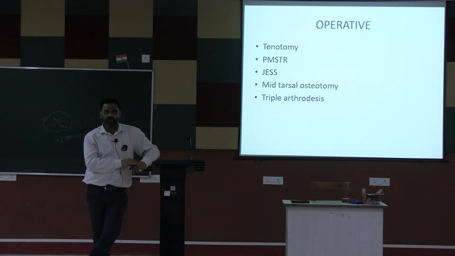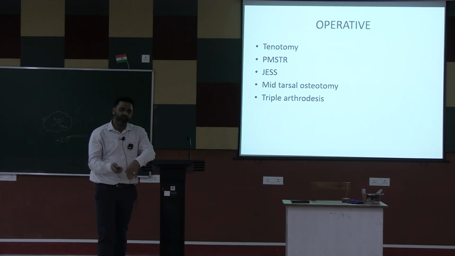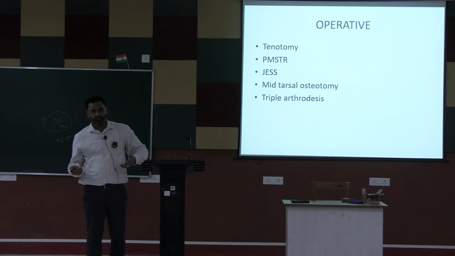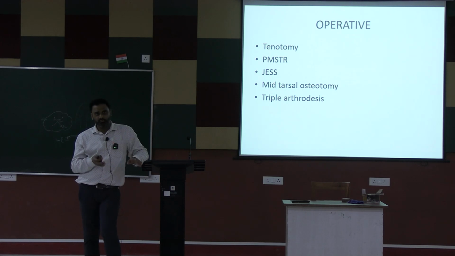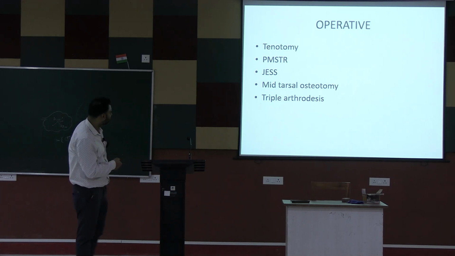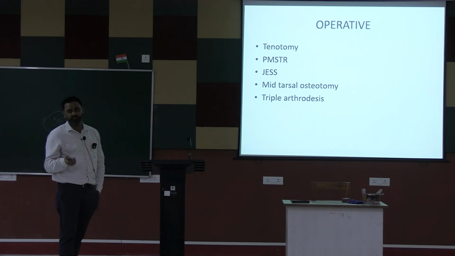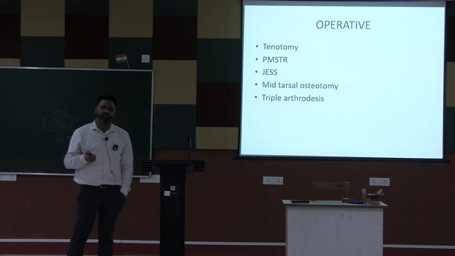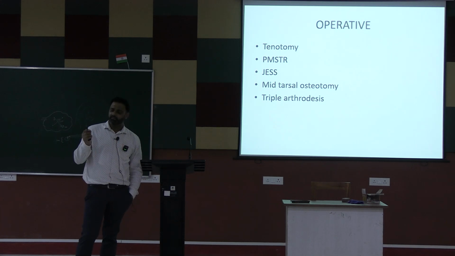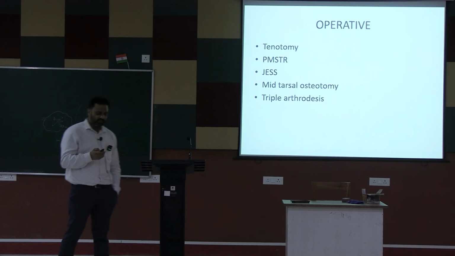At that time you cannot apply a cast weekly because the child will not cooperate. So you have to do some surgical part, and there comes the JES. We apply the JES system, and the correction is made gradually.